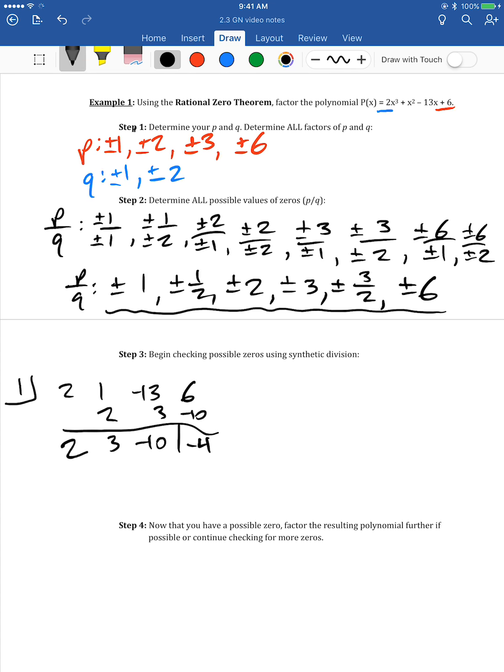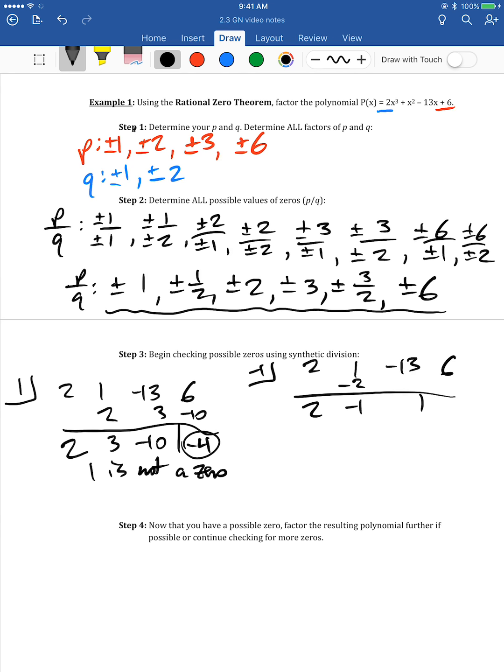So 1 is not a 0. Why? Because I ended up with negative 4 as a remainder and not 0. What about negative 1? See, I can already tell. Yep.